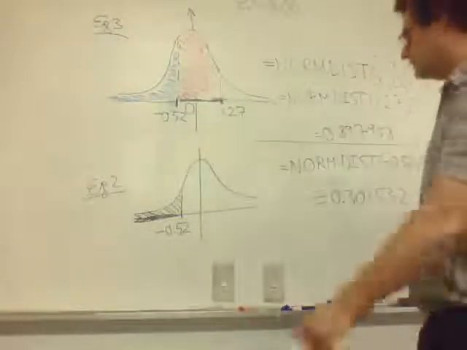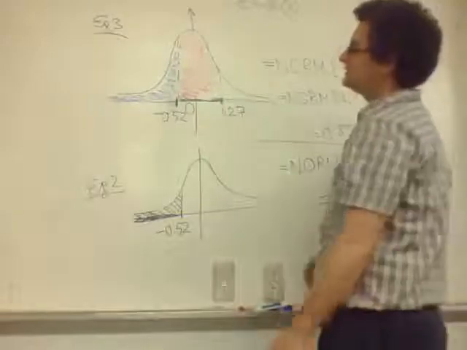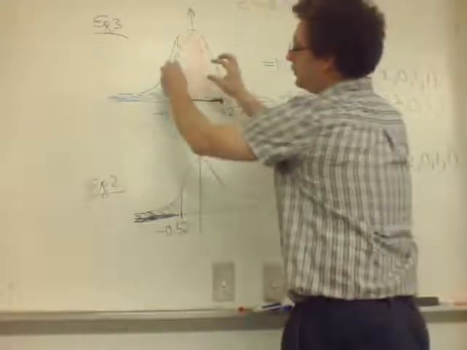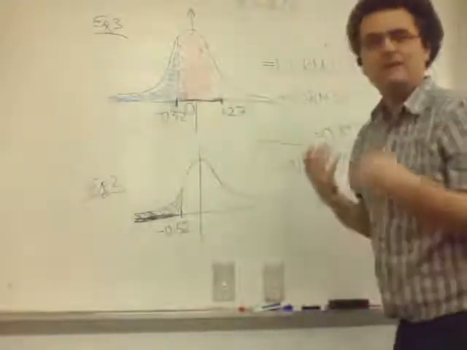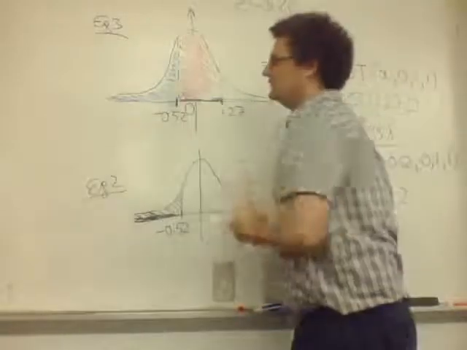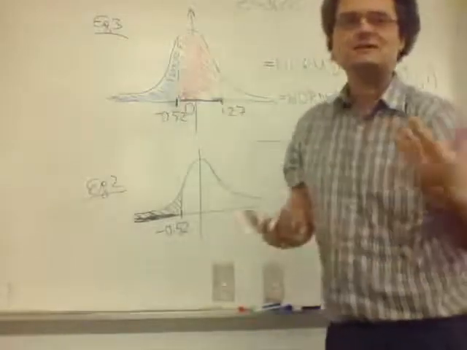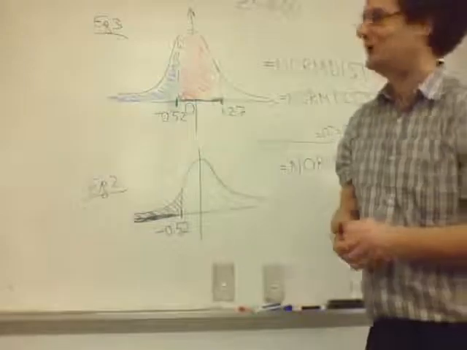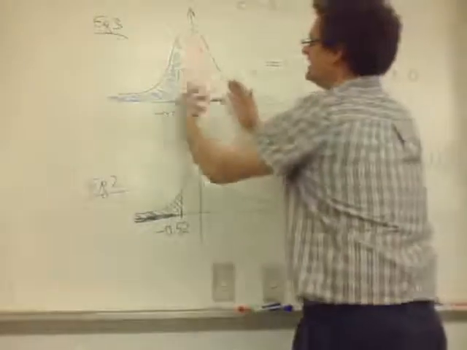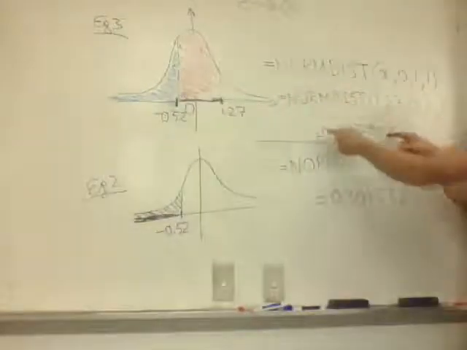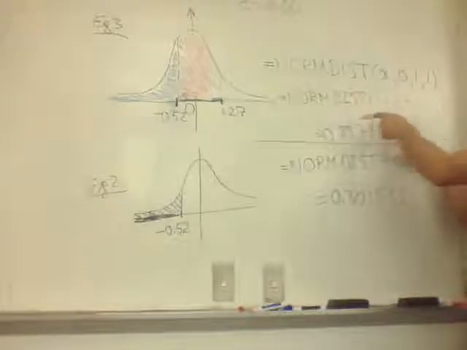Okay? So that area is going to be the blue plus red area minus the blue area. So why did we do it that way? Because blue plus red is nothing but this value, norm.dist of 1.27.